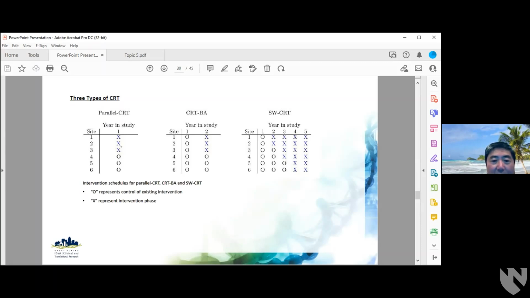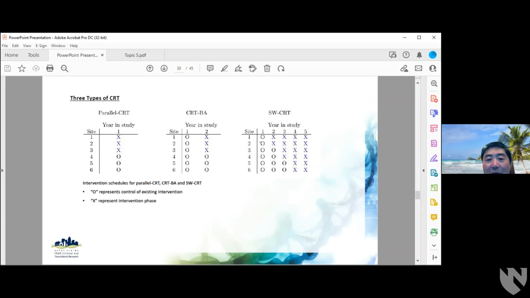but they just get involved in either the control sites or the intervention sites. CRT-BA, with baseline control, starts with everybody in control. Then in the second step, some of the clusters are randomized into intervention, some remain in control. Then the stepped wedge, as you can see, is kind of a combination of these two. In the beginning everybody is in control.